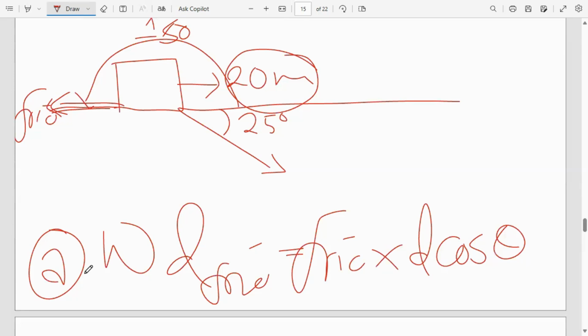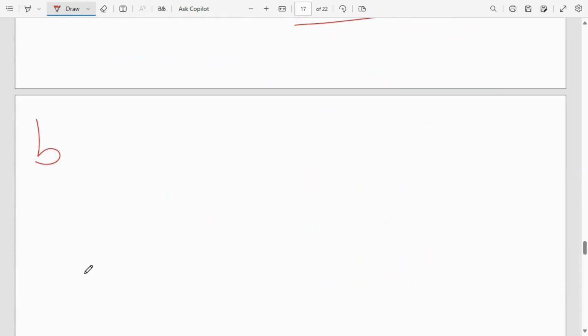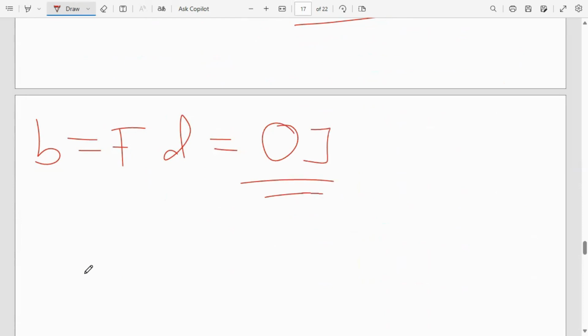Hence, the work done by gravity on this object will be equal to 0. The work done by gravity is equal to the force of gravity multiplied by the distance, but the distance moved in the y-axis is 0. Hence, the work done by gravity on B is equal to 0 joules. I hope that's clear.